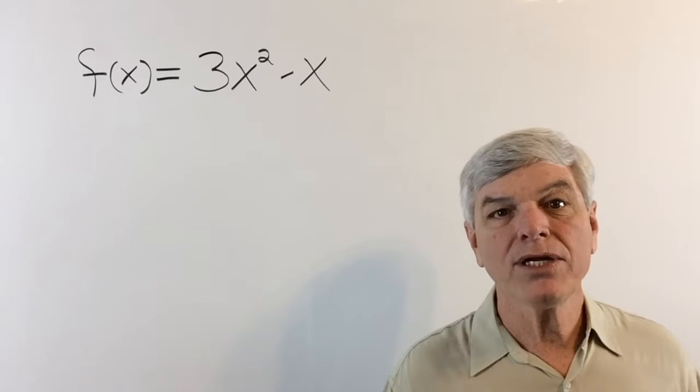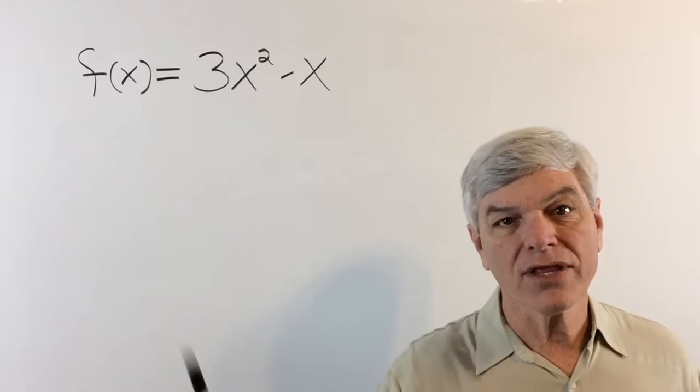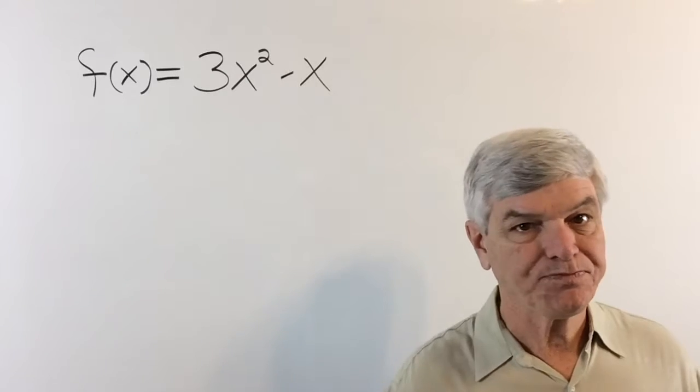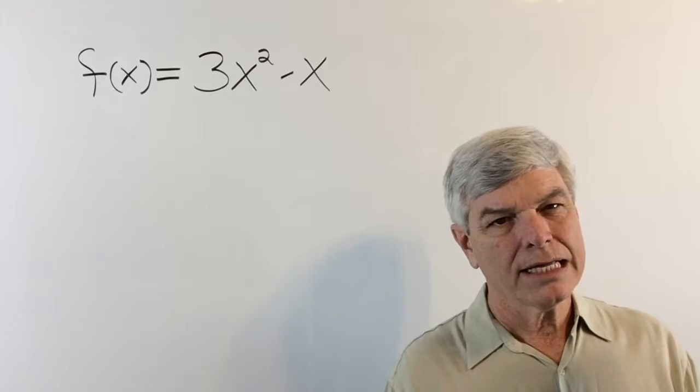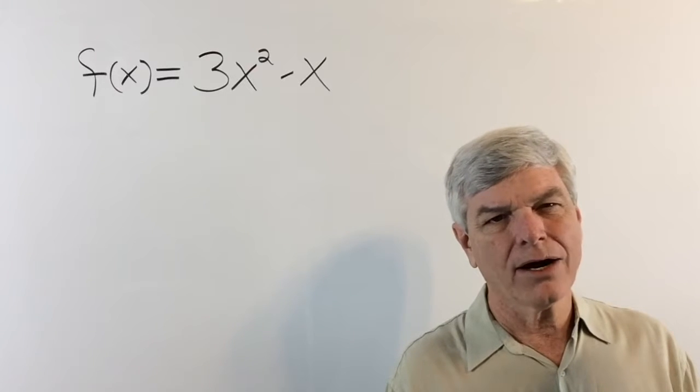And the way we do that is we call this the range. The range is the set of all possible y values. The domain is the set of all possible x values. And if that starts looking confusing, just remember that x and y are in alphabetical order, aren't they?